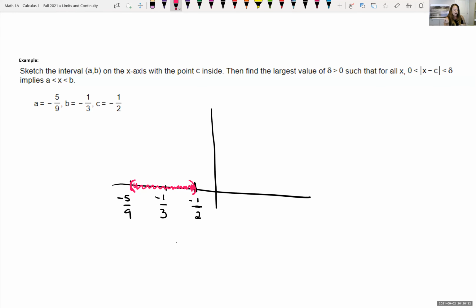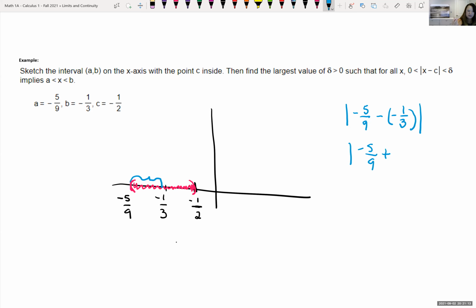It wants us to figure out the largest value that delta can be. So basically we want to find the distance. We need to figure out the distance between the endpoint -5/9 and our c value of -1/3. You can look at the absolute value, because absolute value is always positive, of -5/9 minus -1/3, or -5/9 minus a negative is plus.